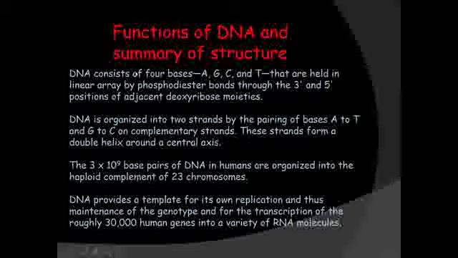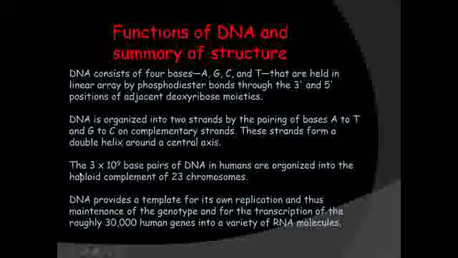When two such strands form, they are held together by pairing of nitrogenous bases, and there are two hydrogen bonds between adenine and thymine, and three hydrogen bonds between guanine and cytosine on the complementary strand. And these strands then form the double helix around the central axis, which is also called the axis of central symmetry.